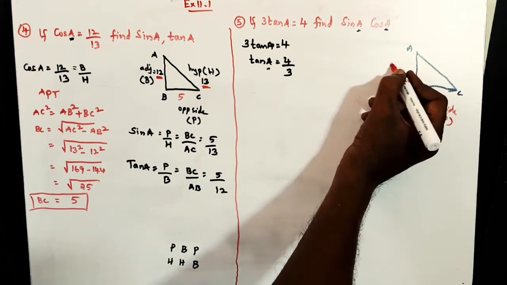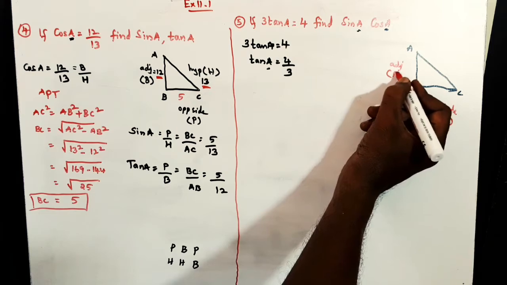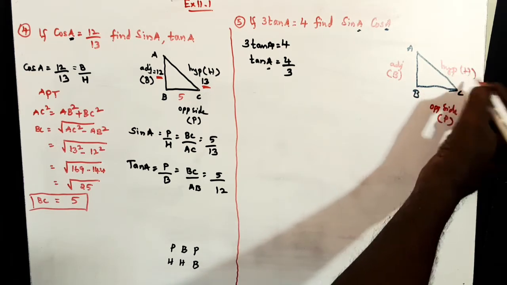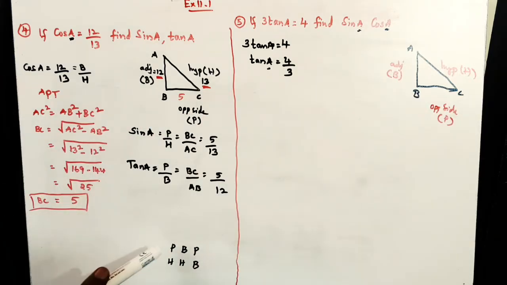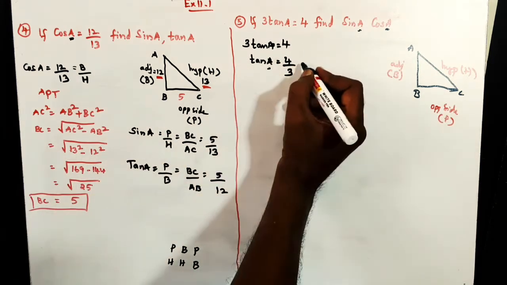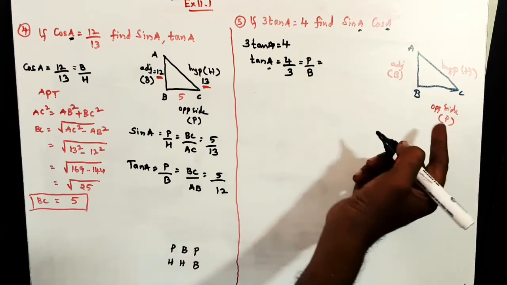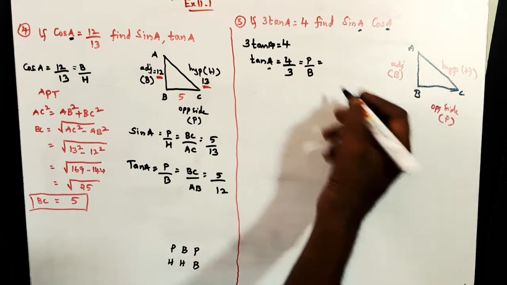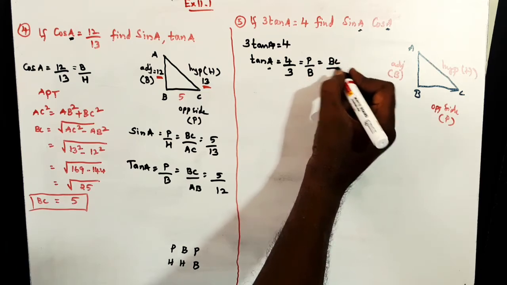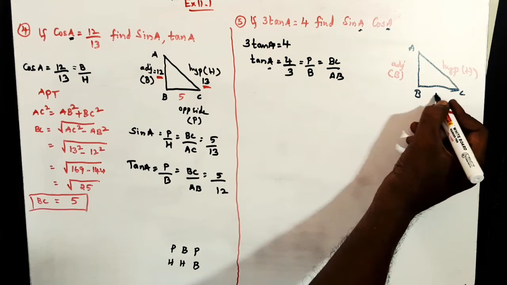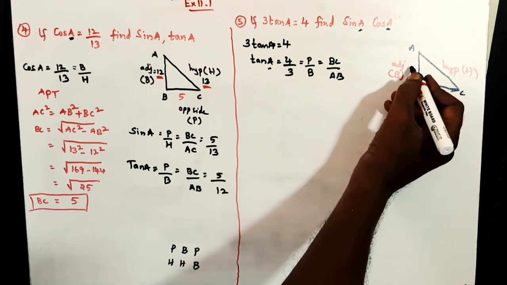This one is adjacent, that is B, and this is the hypotenuse, which is equal to H. So Pandit Badri Prasad Hara Hara Bole, we know that tan means P by B. P is BC, by AB. So BC value is 4, AB value is 3.